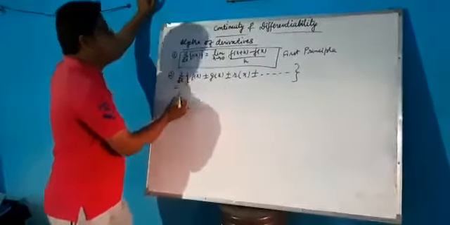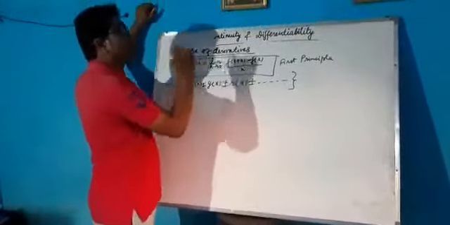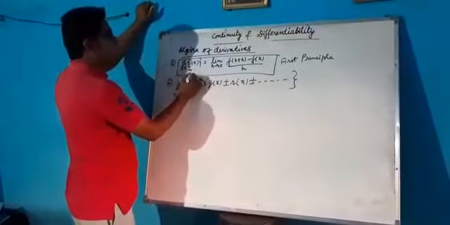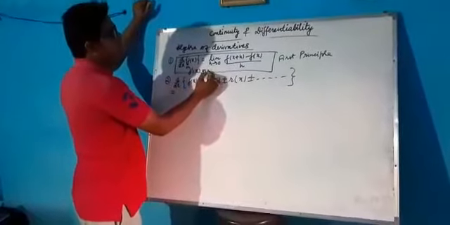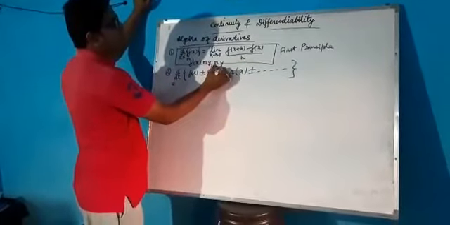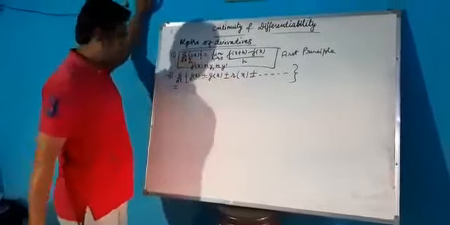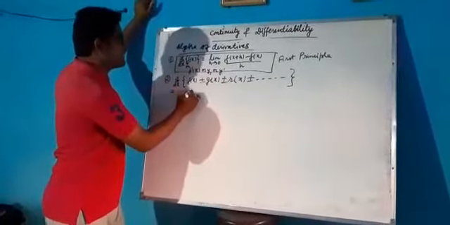So we can write it, this derivative of f of x can also be written as f dash x. It is also known as y1, also known as y dash. There are so many names of it.